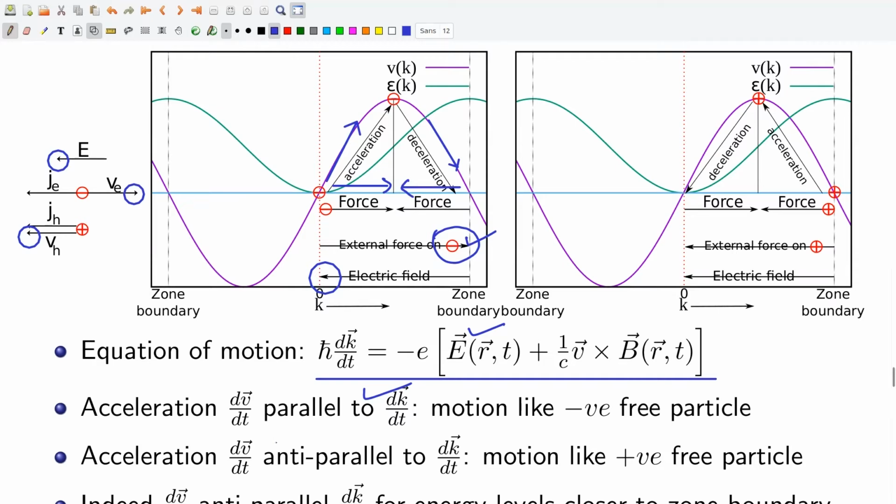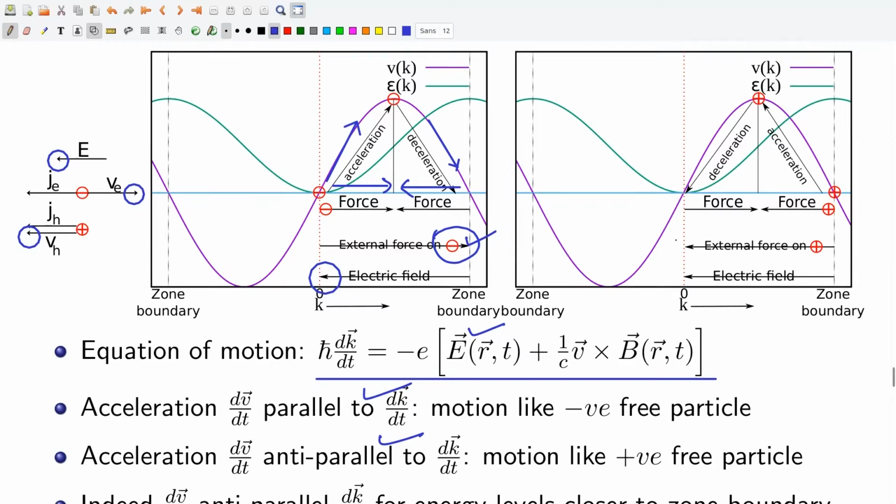Let us try to understand the case of acceleration antiparallel to dk/dt. Instead of a negatively charged particle, if we consider a positively charged particle, this is what we would expect: the particle accelerating in the direction of the external electric field.